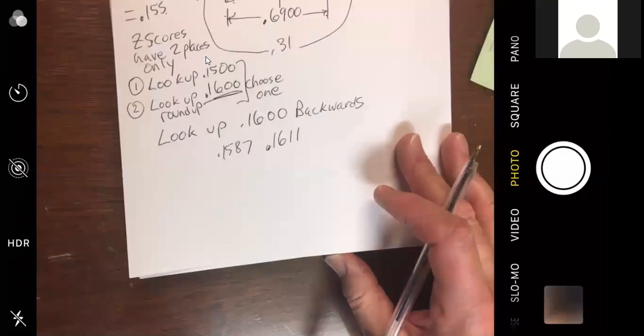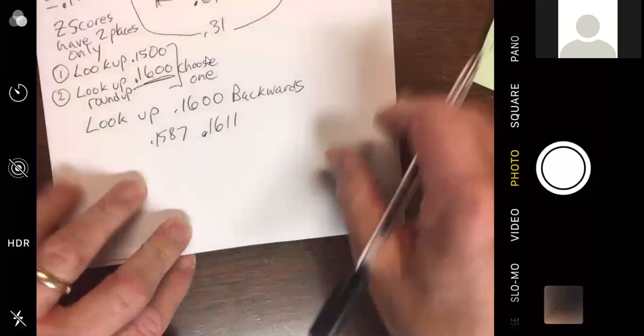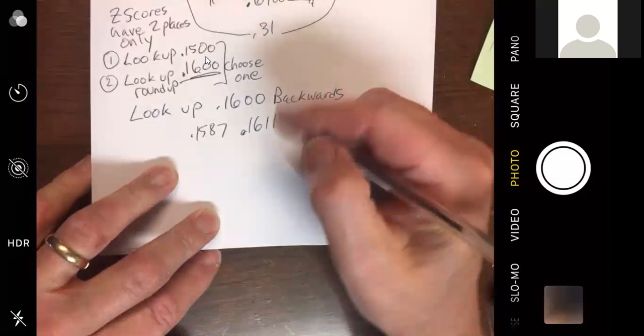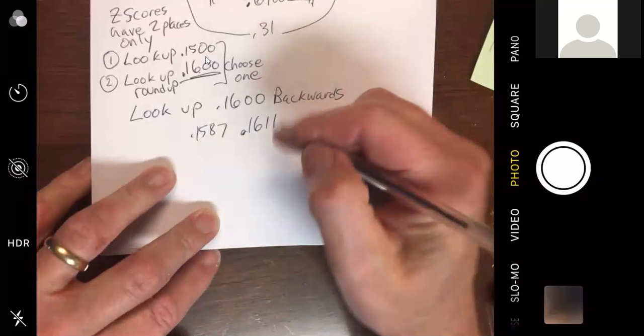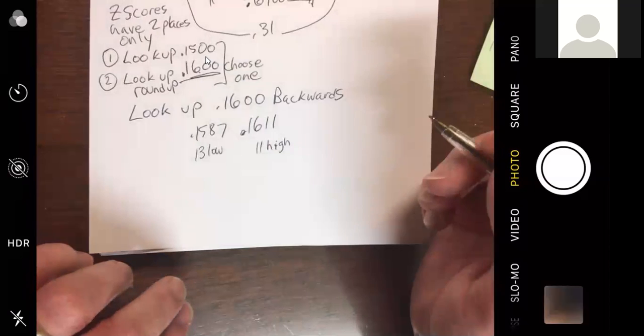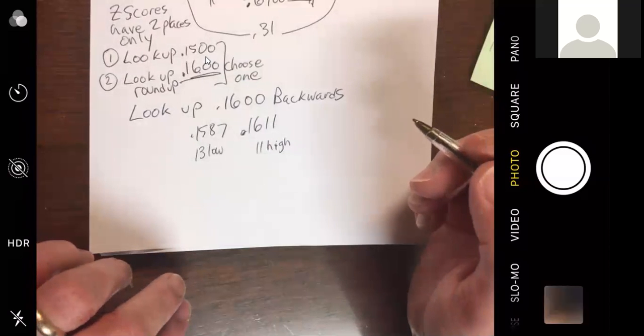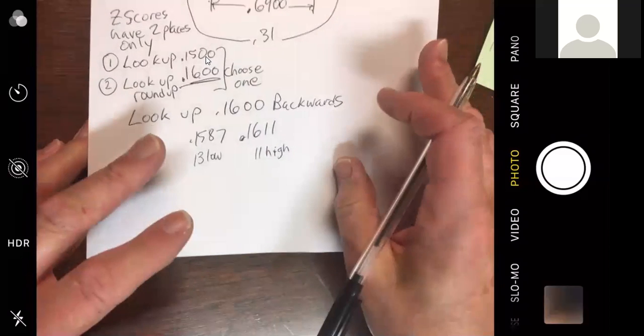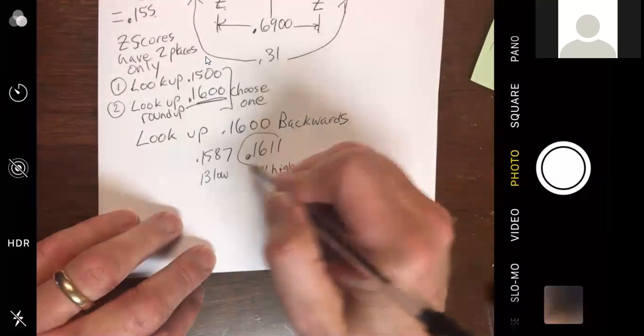They're pretty equidistant. Both of them are kind of equidistant, but you are 11 high here and 13 low here, I believe. So we'll pick this one.